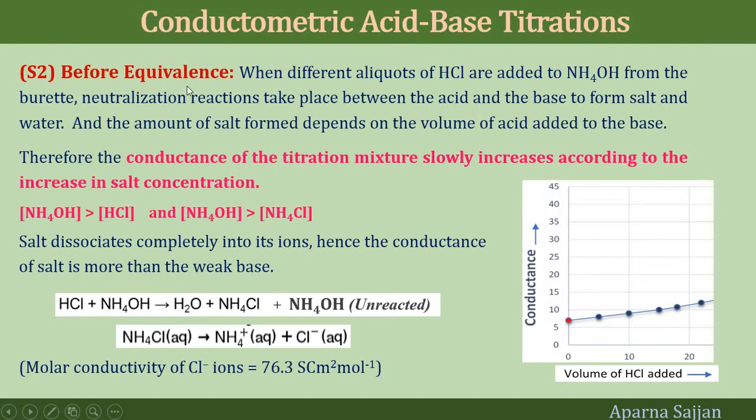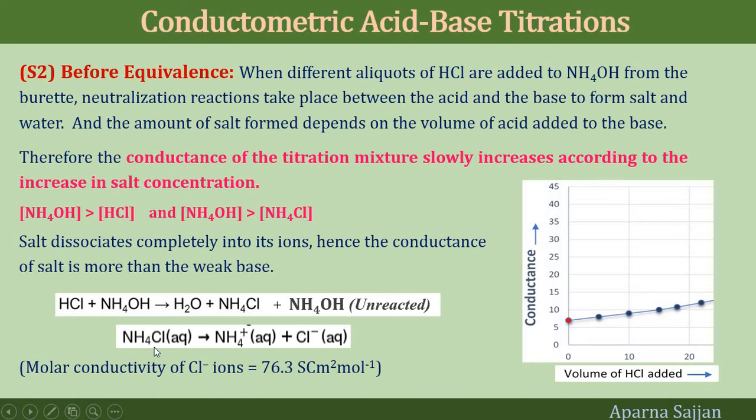Next is before equivalence. We go on adding hydrochloric acid from the burette to the ammonium hydroxide in the beaker. A neutralization reaction takes place between the acid and the base, and there is formation of salt. Depending upon the amount of salt formed, the conductance starts to vary. Here the conductance of the titration mixture slowly increases.